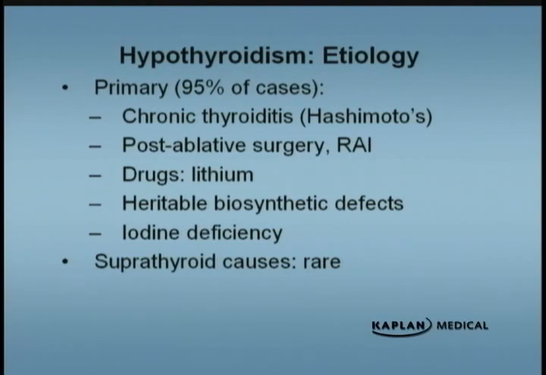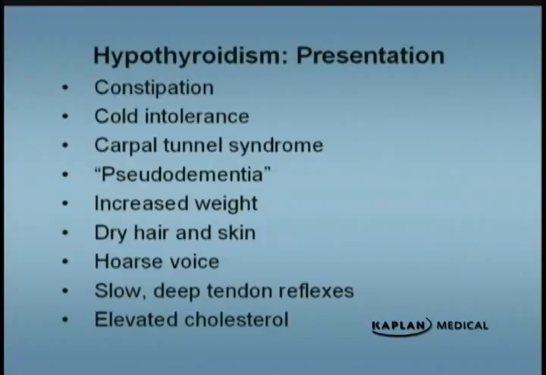This is very uncommon now because salt is saturated with iodine, and we've basically done away with that. But the most common forms that we see are Hashimoto's thyroiditis and post-ablative radioactive iodine in this country. So what do these patients present with?